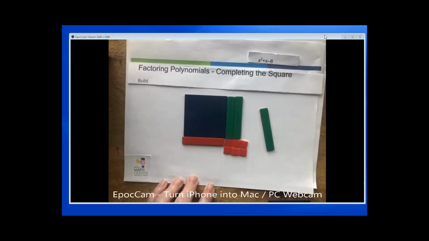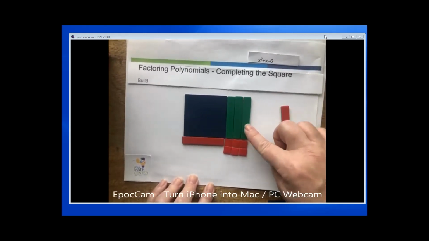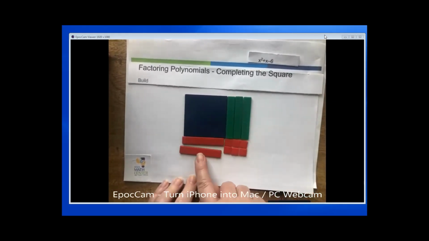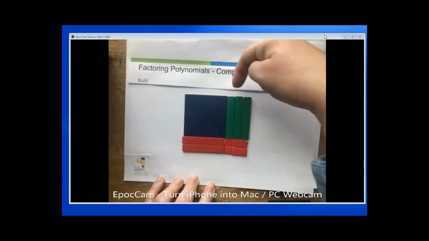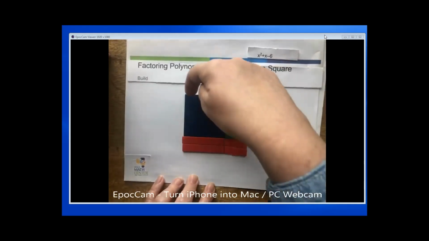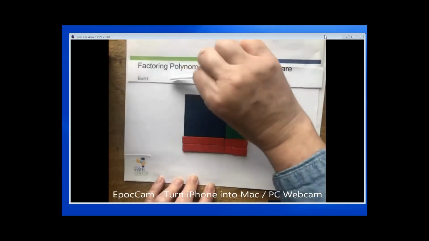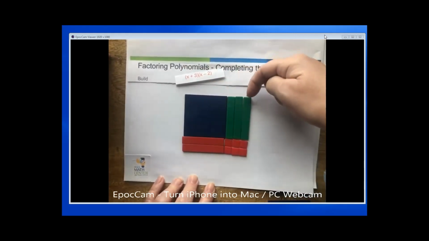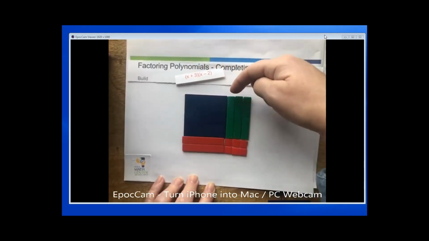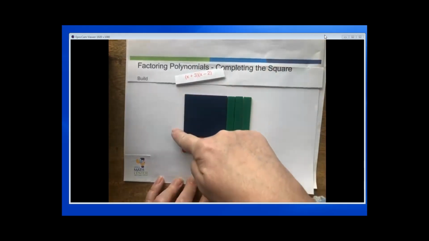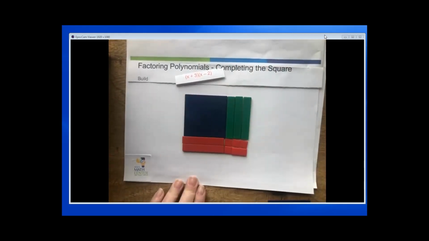Can I do it again? All right. So now my answer comes right up here. I should have x plus 3. So an x plus 3 and an x minus 2.